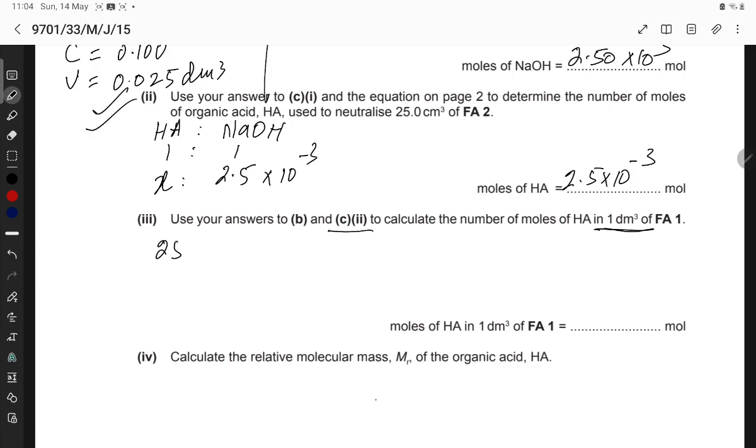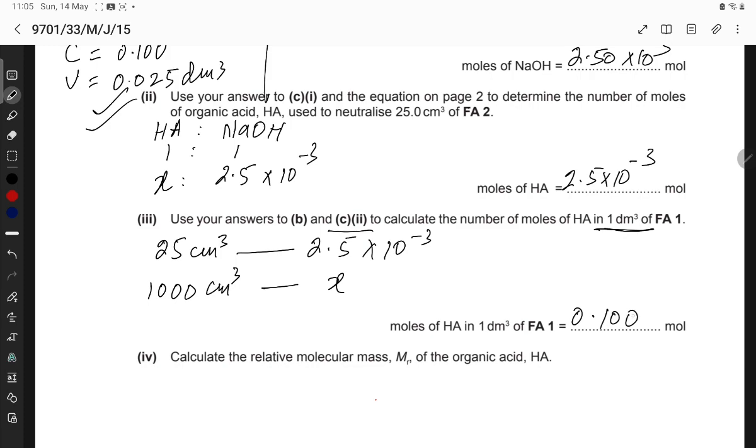We know that 25 cm³ contains 2.5 into 10 raised to the power of minus 3 moles. So what would be the moles in 1000 cm³? Using ratio, the moles are 0.100 moles.